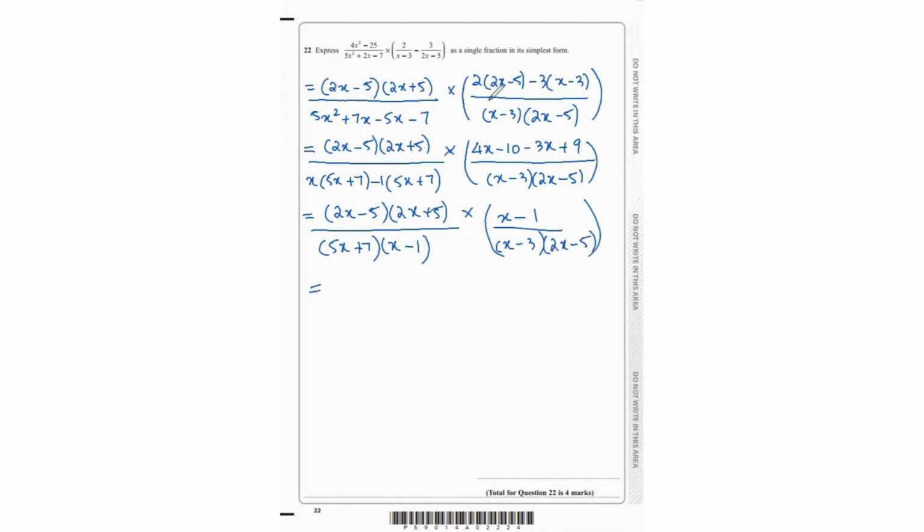So now we cancel out 2x - 5 and 2x - 5 because they're being divided. Same for x - 1. So we're left with (2x + 5) divided by (5x + 7)(x - 3). This is your fraction in its simplest form.